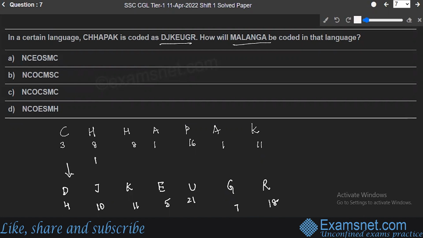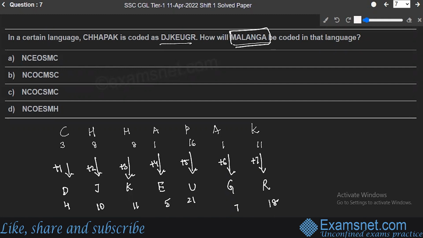So let's see, what do you think the logic being followed in all of these cases is? It is plus 1, plus 2, plus 3, plus 4, plus 5, plus 6, and plus 7. So this logic is being followed. I think you are clear what the coded language will be.